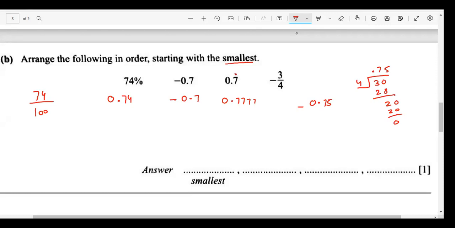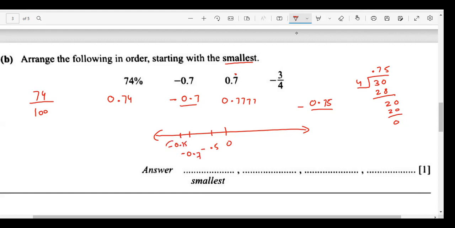Now students, we are looking for the smallest number. You cannot say that the smallest number is negative 0.7, no. The smallest number is basically going to be one of the negative numbers, the one that has the bigger value. 0.7 and 0.75 both are negative, but minus 0.75 is the smallest. Why? Because if I look at the number line, this would be 0, this would be negative 0.5, this would be negative 0.7, and somewhere here negative 0.75.